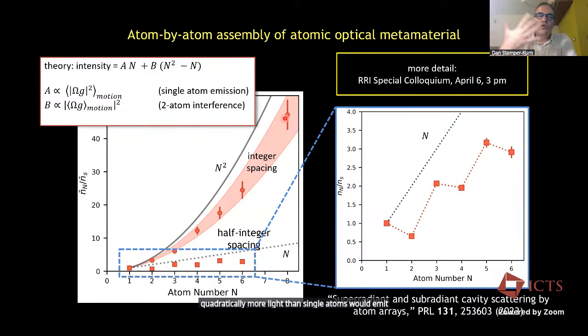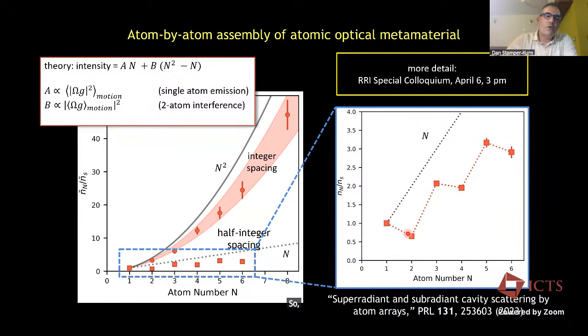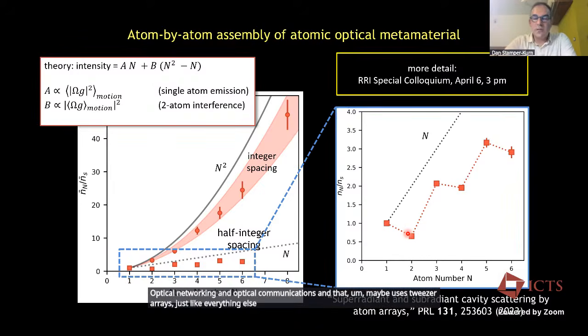This is a form of superradiance. Or we could also get them to emit very much less light than a set of single atoms by building up a certain correlation that is more related to subradiance. So there will be applications of cold atoms toward things like optical networking and optical communications, and that maybe uses tweezer arrays, just like everything else is going to be changed by these tweezer arrays.